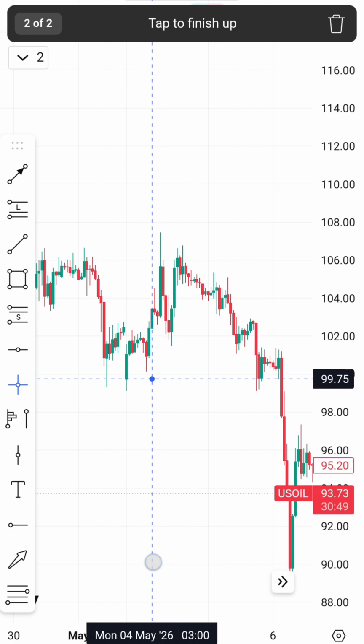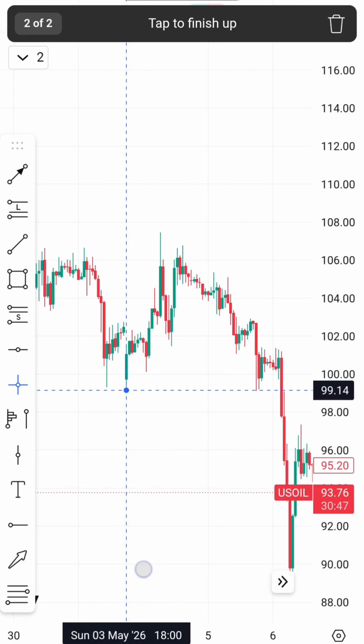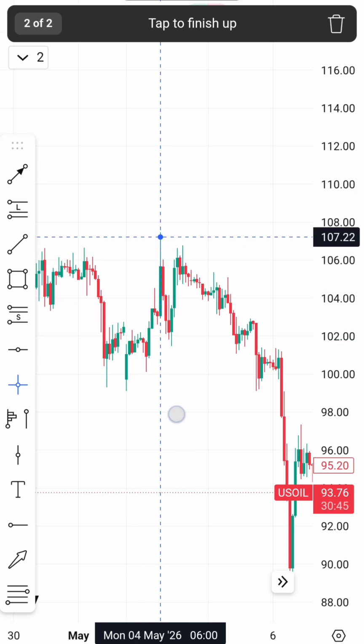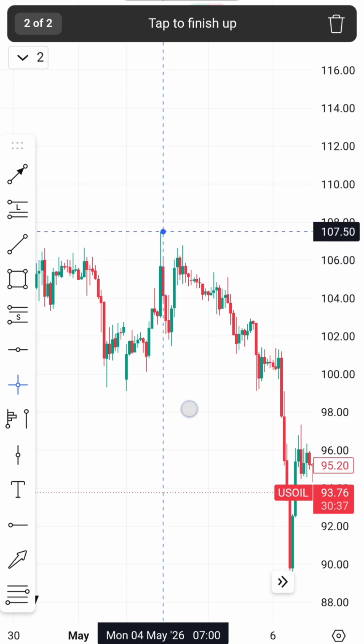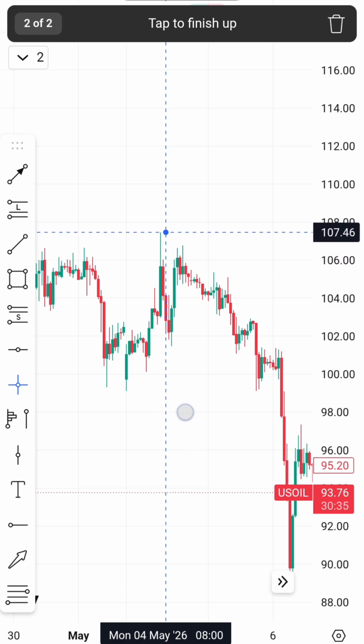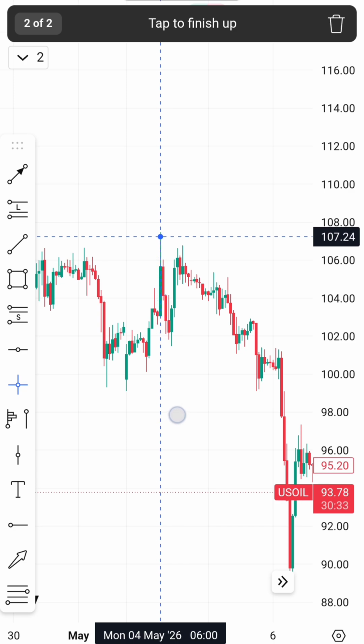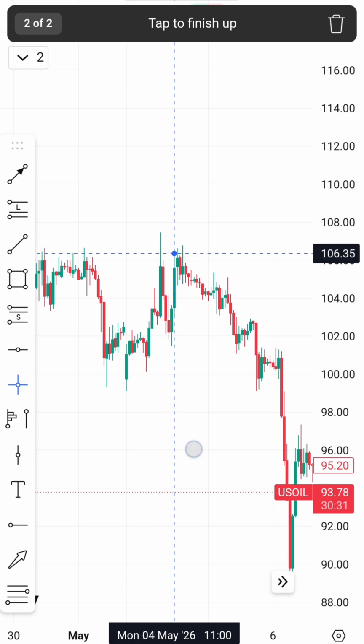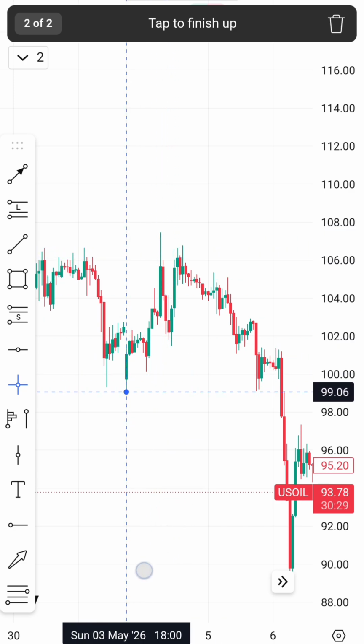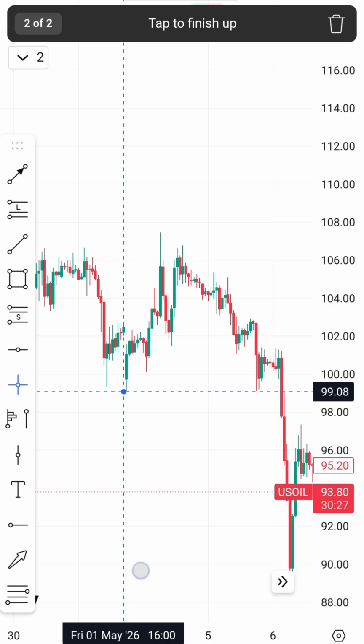People ask, how do you know up to where the market will get to so that you can mark your lower high? You only mark your lower high, for example, when the market is in a downtrend, once the market breaks your previous lower low.